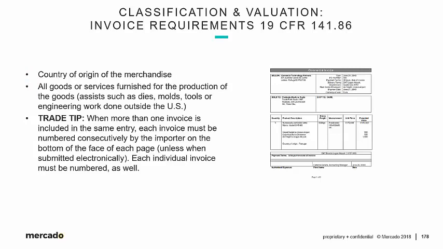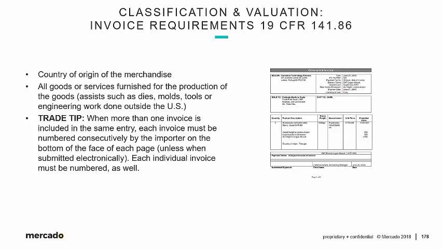And as a rather lengthy trade tip, and this is a customs reg, by the way, when more than one invoice is included in the same entry, meaning several invoices from the same vendor or multiple invoices from different vendors, each of those invoices must be numbered consecutively by the importer on the bottom of the face of each page, unless, of course, it's submitted electronically.